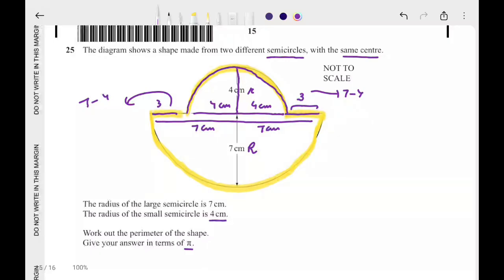Now this is the arc length of the larger semicircle, and this is the arc length of the smaller semicircle.